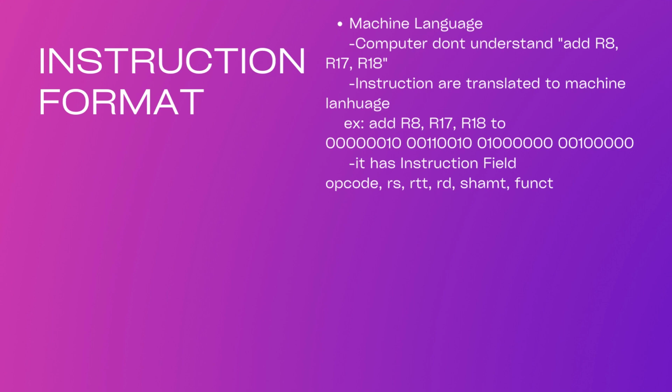For example, the number above is translated to 00000010 and so on. Translated to machine language, and it has instruction fields like opcode, RS, RT, RD, shamt, and funct.